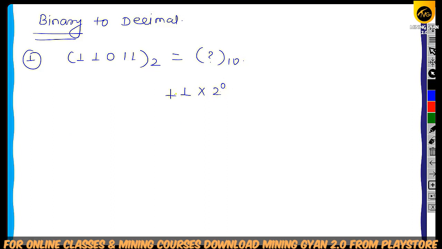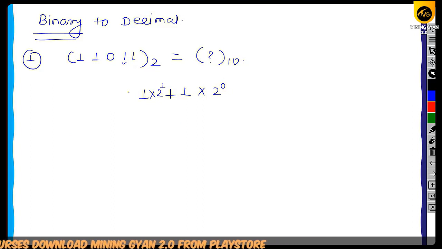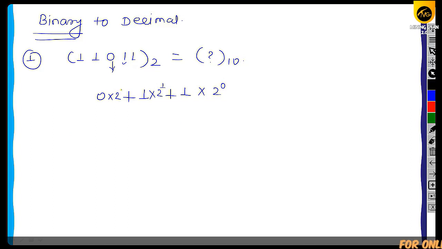Now the second digit, which is 1, again multiply the base number with the next power, so that will be 2 to the power 1. Now the next one is 0, so 0 into 2, and the power keeps increasing, so the next is power 2, that means a square.